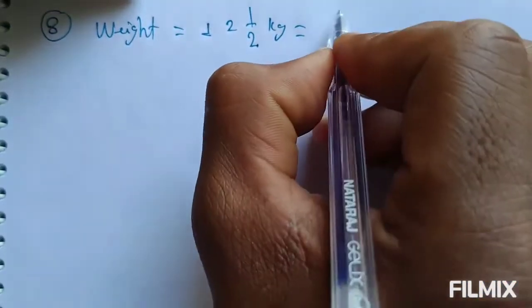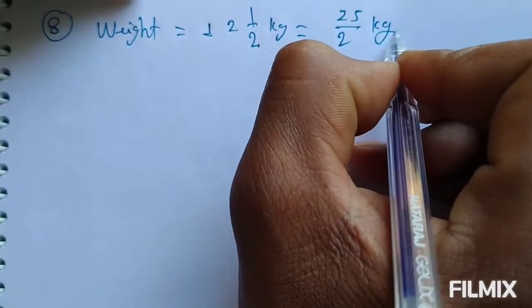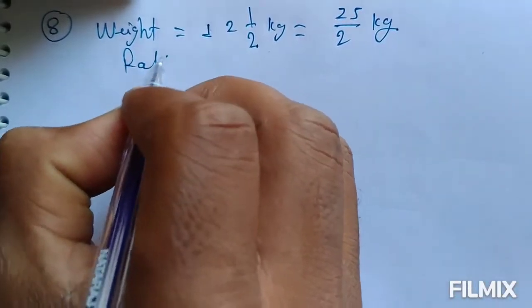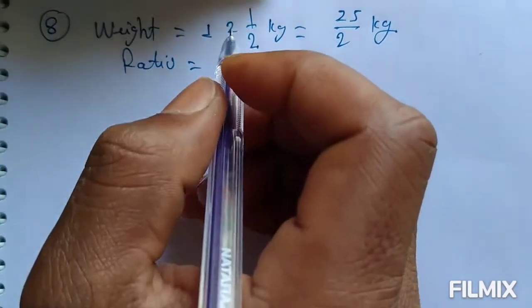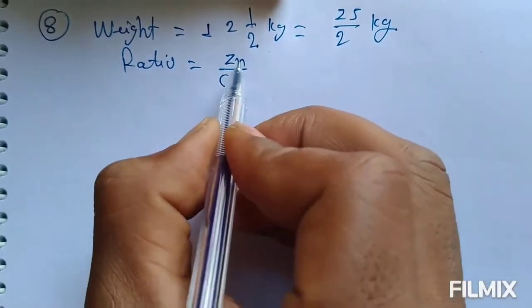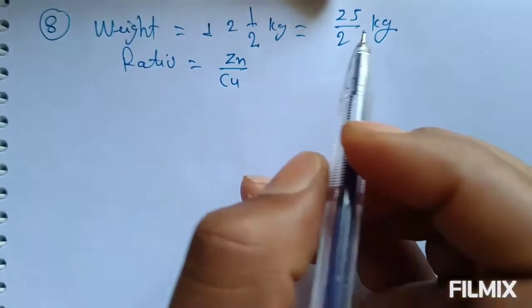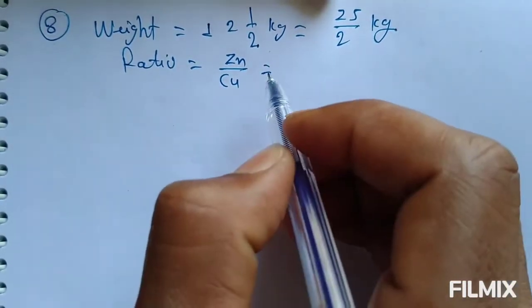It means 12 times 2 is 24, plus 1, 25/2 kilogram. Ratio is given. Ratio is zinc to copper. Zn is the symbol of zinc, and Cu is the symbol of copper. In chemistry, you will read later.